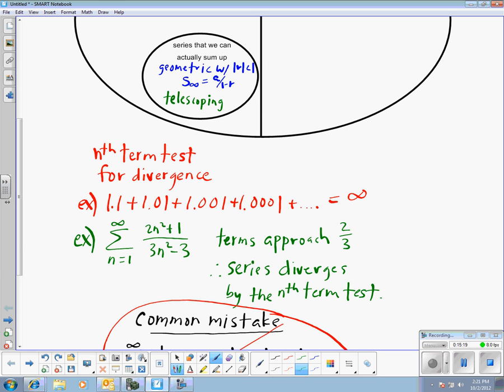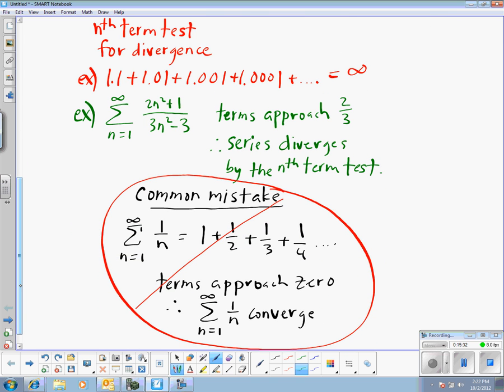You will never say this series converges by the nth term test. There's no such thing. Because if it passes the nth term test and the terms actually do go to zero, this is not the case. You don't say, hey, my terms go to zero, therefore my series converges. Your terms converge to zero, but your series may or may not converge.